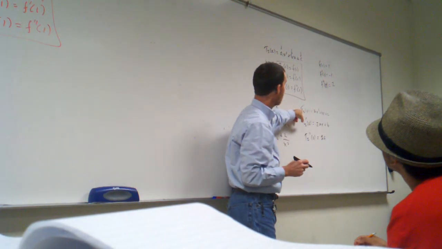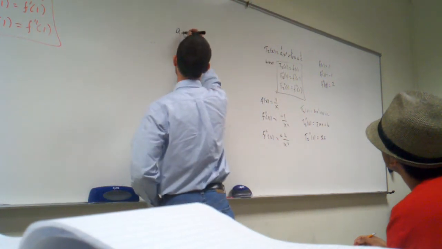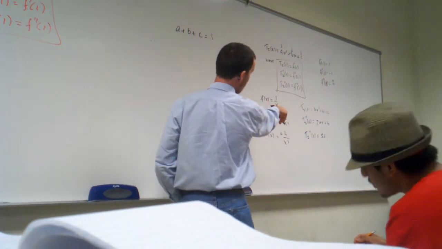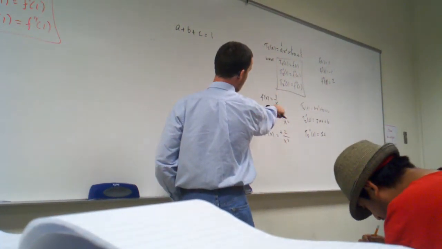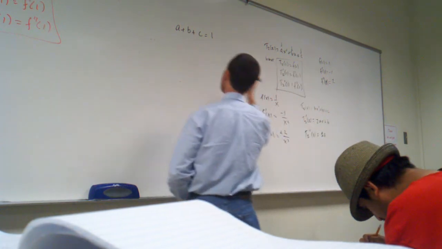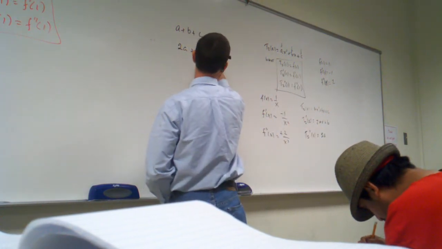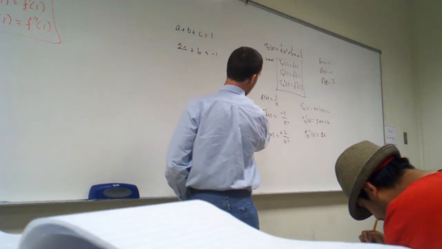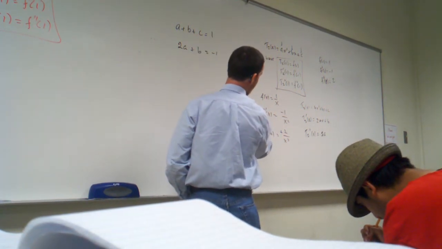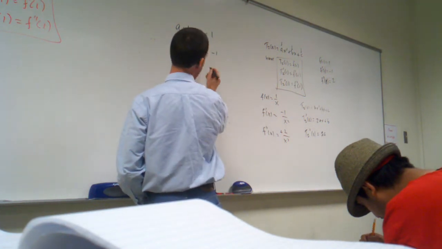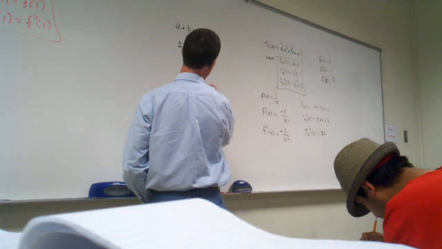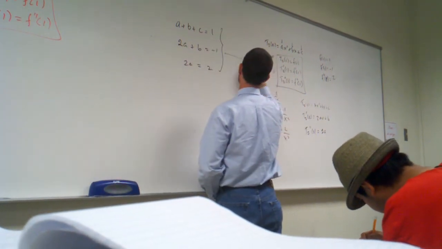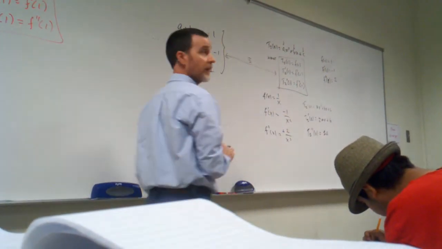So a plus b plus c equals 1, and the second one, if I put the 1 into this one, I get 2a plus b equals -1 when I put 1 into this one. And 2a equals 2. Right? That's the same thing, right?